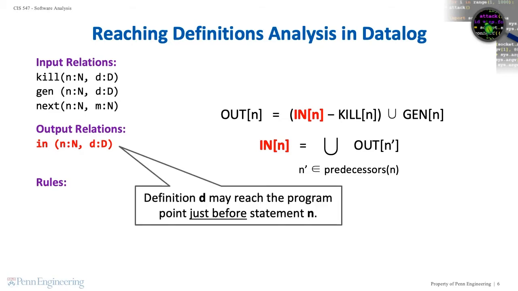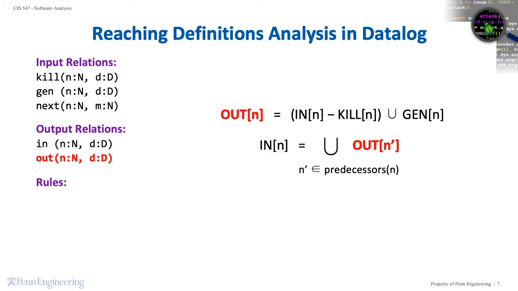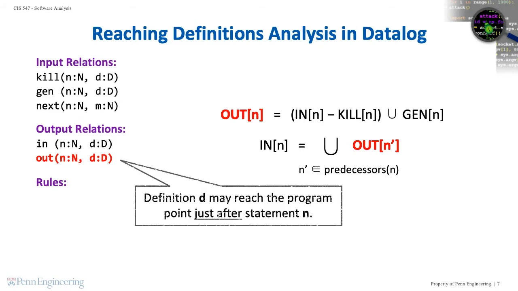That is, definition d may reach the program point just before statement n. And let us define out(n, d) to mean that definition d is a member of the out set of program point n. That is, definition d may reach the program point just after statement n.